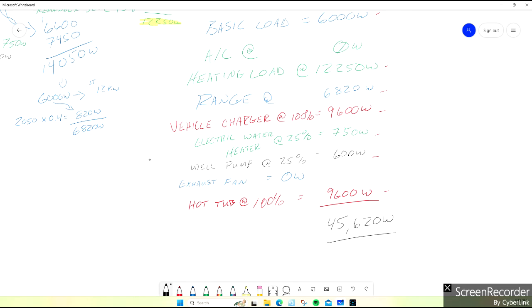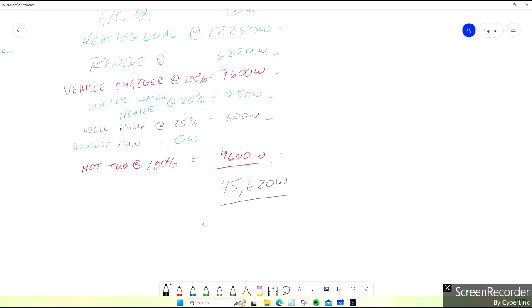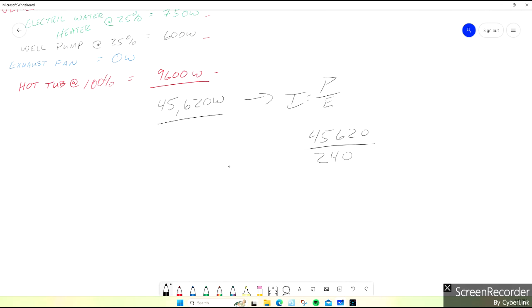So what do we do with it? Well, we've got to find a service size. We don't go to the supplier and ask for a 45,000 watt rated load center, right? So we've got to convert this to amps. So we go I equals P divided by E. We're going to take our 45,620 divided by 240, not 120, 240.